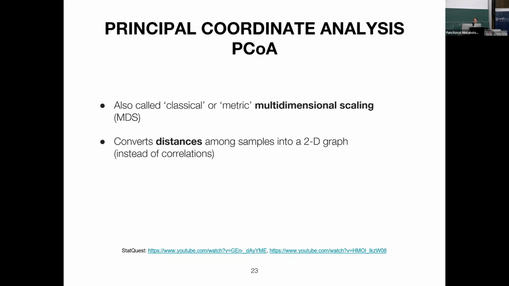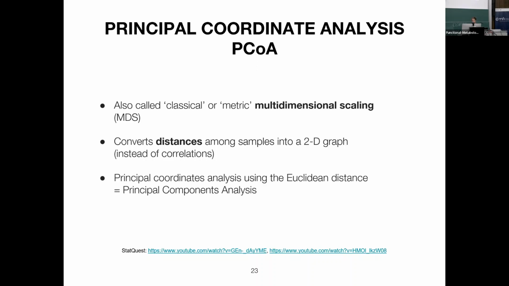So as compared to principal components analysis, we are not converting correlations into a 2D graph, but distances. And in fact, a principal coordinates analysis that uses the Euclidean distance is the exact same thing as a principal components analysis. So in general, we can basically speak about principal coordinates analysis just with different distance metrics.